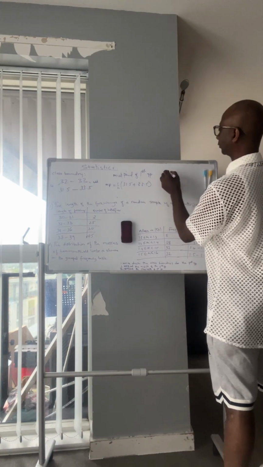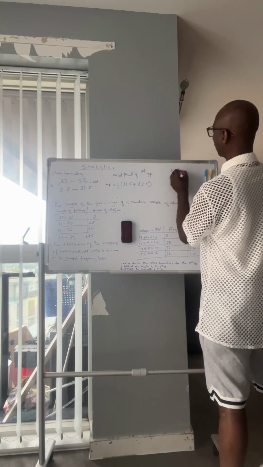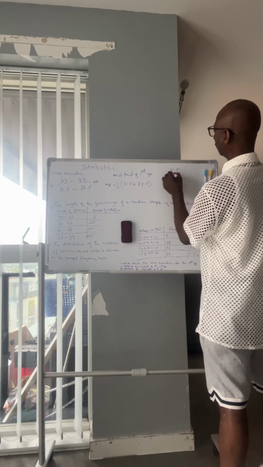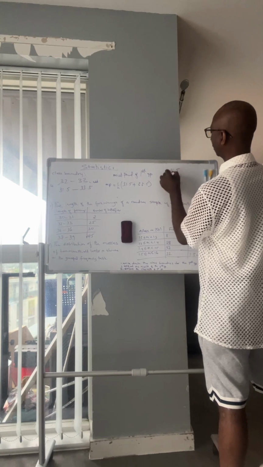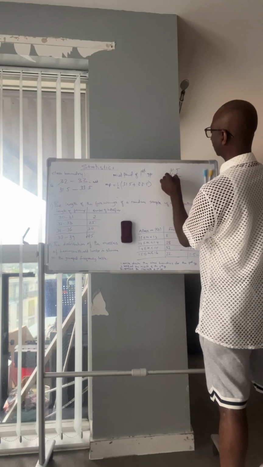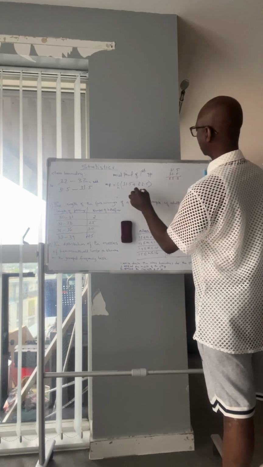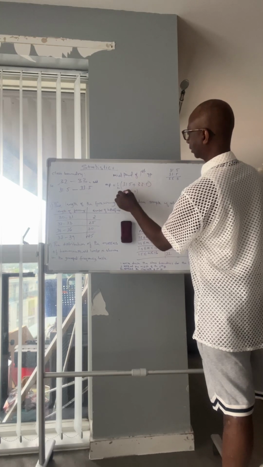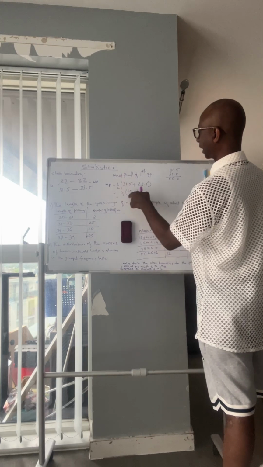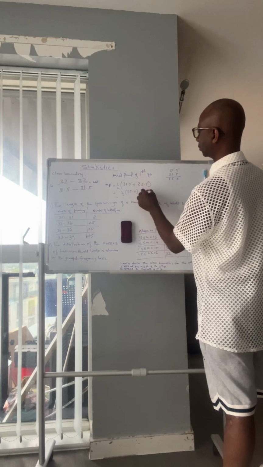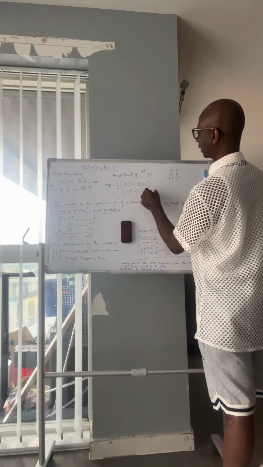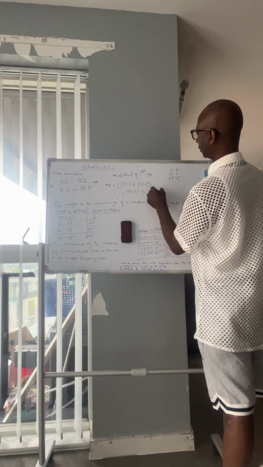So here, 31.5 plus 33.5 is 65.0. This is the sum, and if you divide this by 2, you get 32.5.